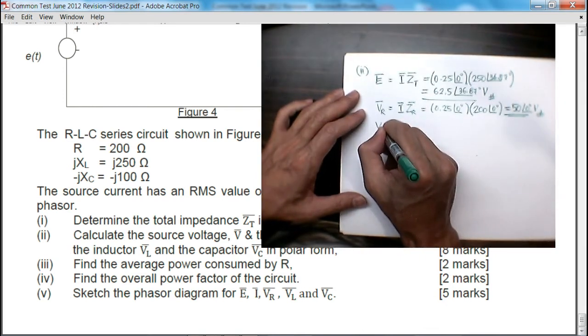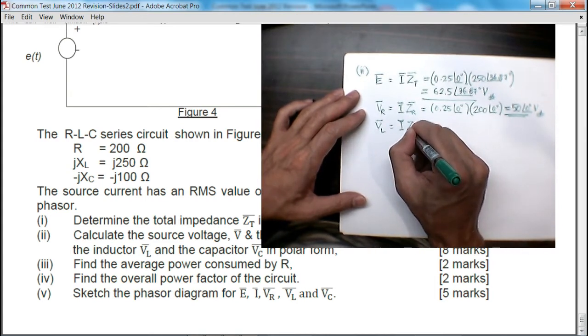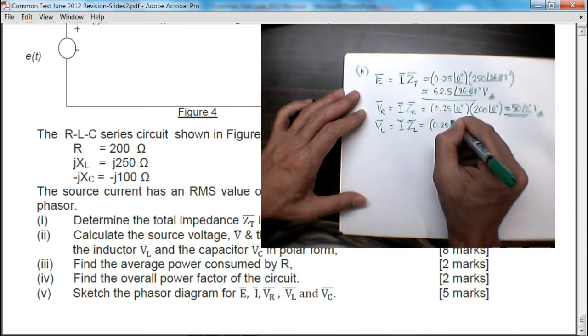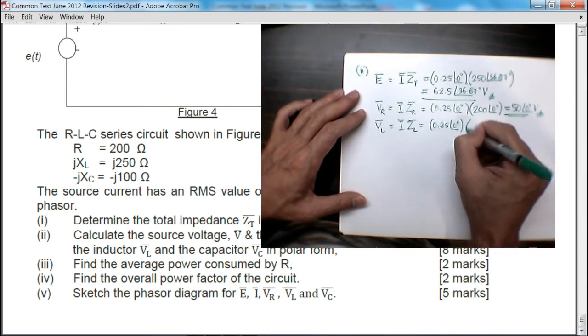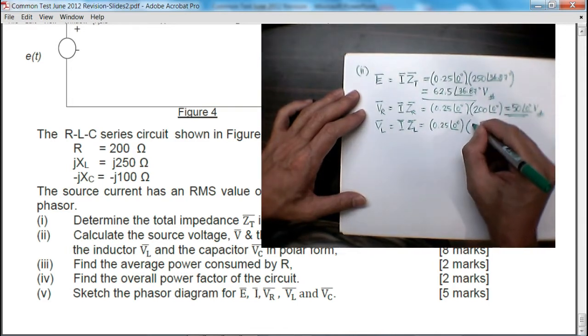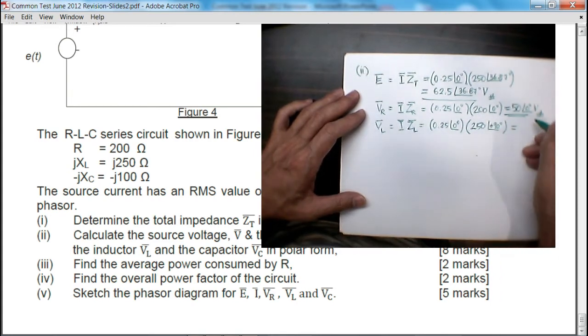Similarly, for the voltage across the inductor, we have I times ZL, that equals 0.25 angle of 0 degrees, multiplied by ZL. ZL is given as 250 and an angle of positive 90 degrees. That gives us 62.5 angle plus 90 degrees.